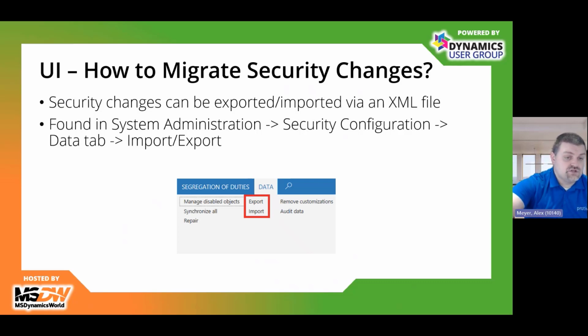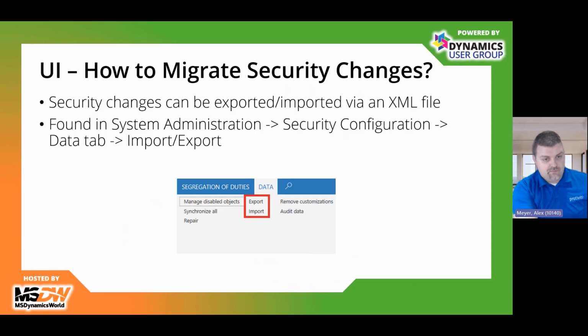If you export those changes, it'll export every security change to a very large XML file that you can then take to another environment and import those changes there. So if you've made changes in your development environment and you want to take that to another environment, you can export the changes from your development environment and then import those changes somewhere else. So that's the manual method of performing those changes.